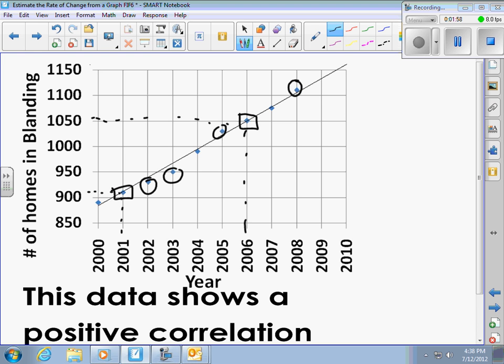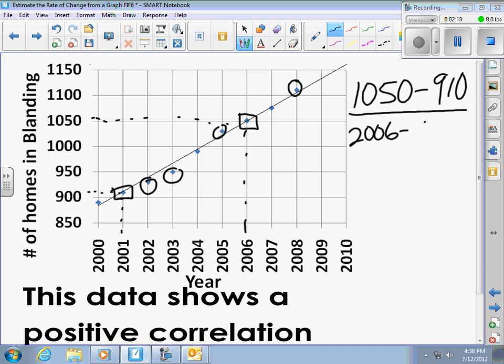So to find the rate of change, we would find how many new homes. So 1050 minus 910, and 2006 minus 2001.